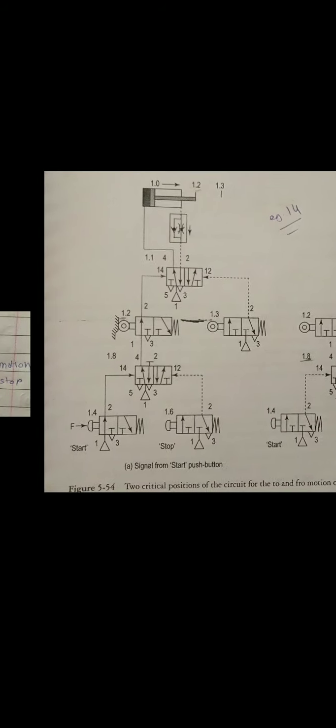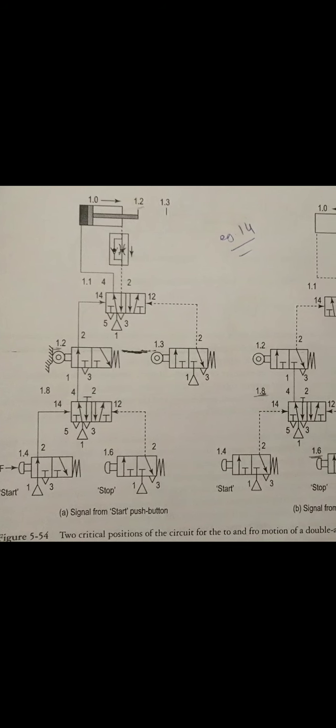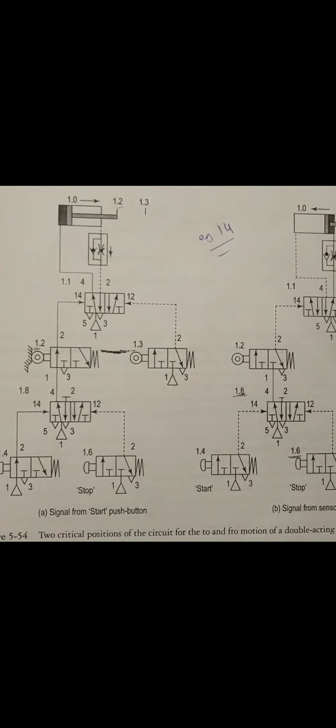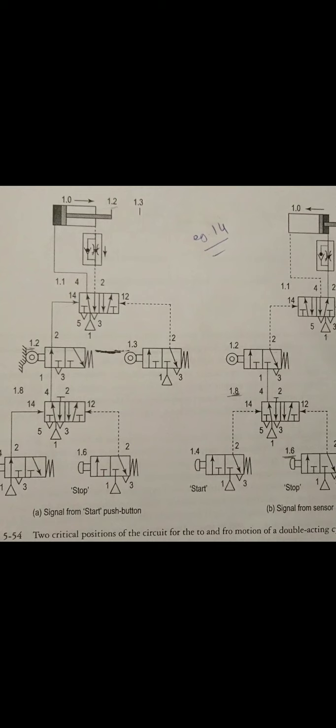So these are the two different circuits. One shows you a to and fro motion only, right? So it is a double acting cylinder to carry out an oscillatory motion. After a start signal is given, the cylinder should stop in the retract position always when a stop signal is given. So it is for that question here.